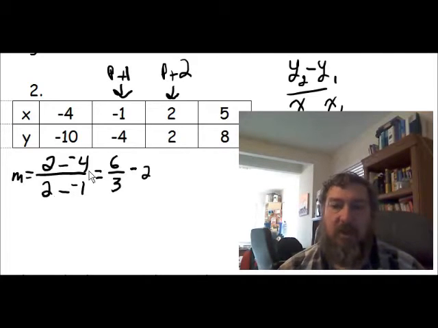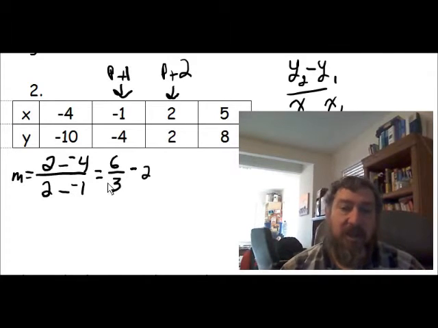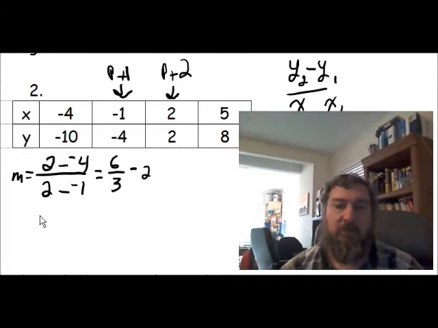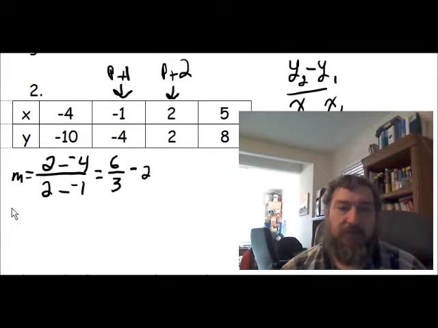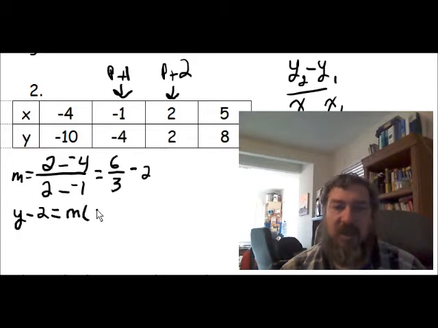So what I'm going to do now is plug this into the point-slope formula, and that would be y minus, and it doesn't matter which of these I pick. I'm going to pick the positive numbers since most of you like working with positive numbers, equals, and then my slope times x minus, and then I'm going to take my x value from right here, 2.